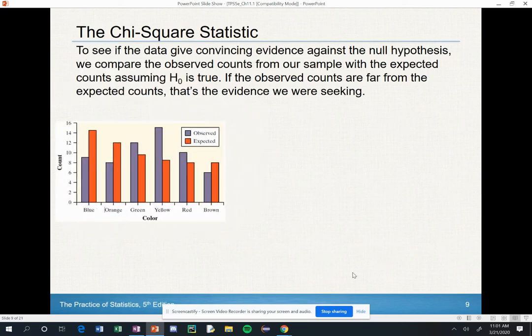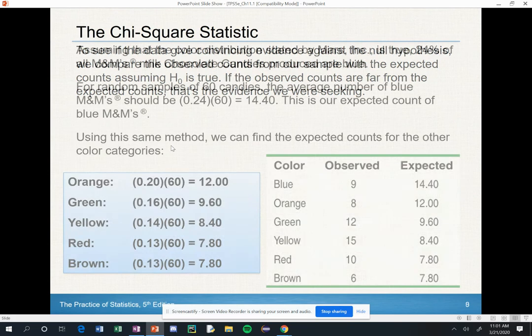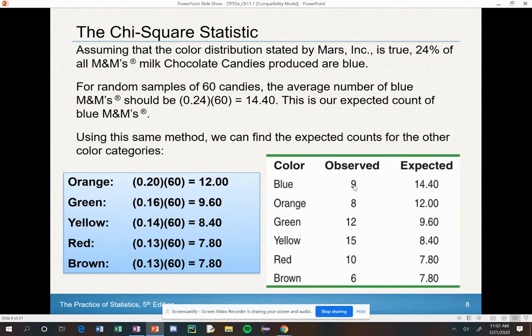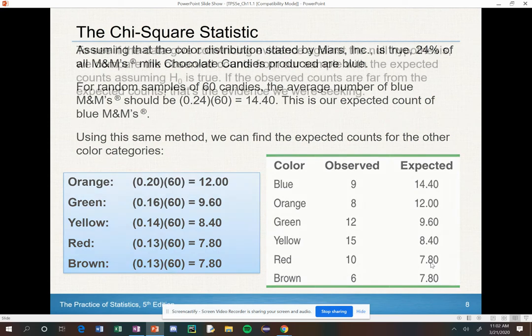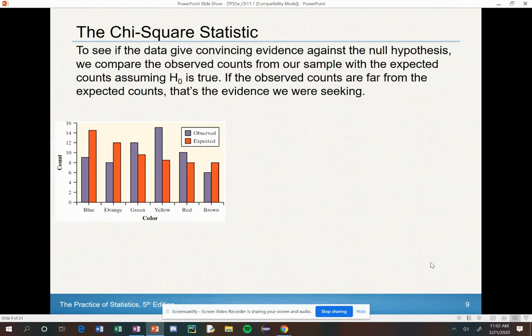Okay, so let's find the chi-squared statistic. This is a graph of the comparison from that chart right here. Notice we have some that are larger than expected, and some that are smaller, observed versus expected. That's what we're seeing in this little side-by-side bar graph for all the different colors. We have observed in blue, and red as the expected.